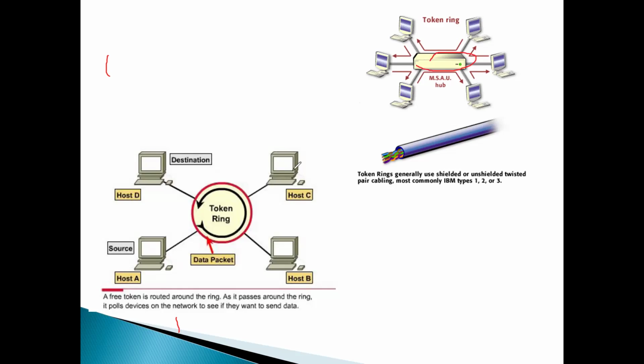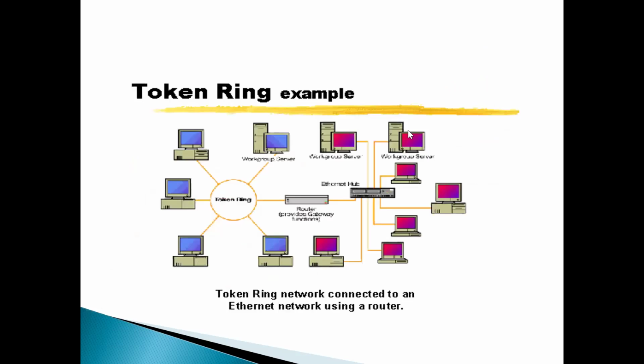Ring means the last computer connects with the first computer. So this is the token ring. It moves in one direction. Got that? This is a token ring example. This network is very rare.